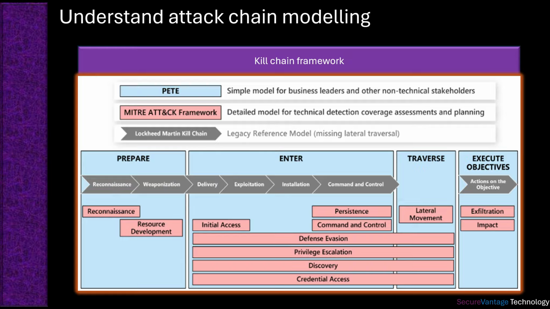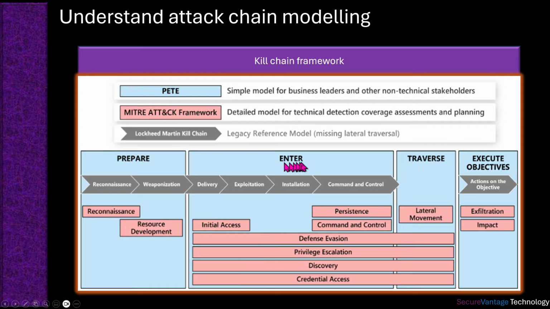On the screen, you can see that these blue boxes actually represent the PETA kill chain framework: prepare, enter, traverse, and execute. These are the four columns, and underneath each column, you can see that reconnaissance and weaponization are coming from the Lockheed Martin chain, which map to the prepare phase of the PETA framework, as well as reconnaissance and resource development also mapped to the prepare phase, right?